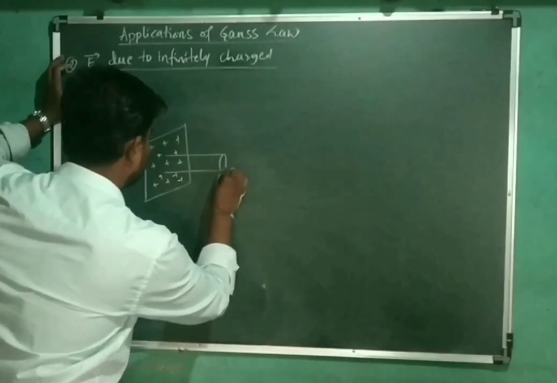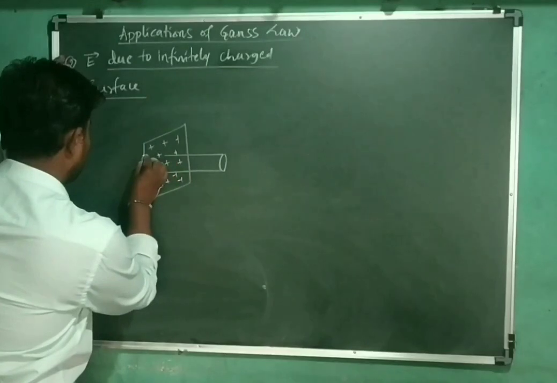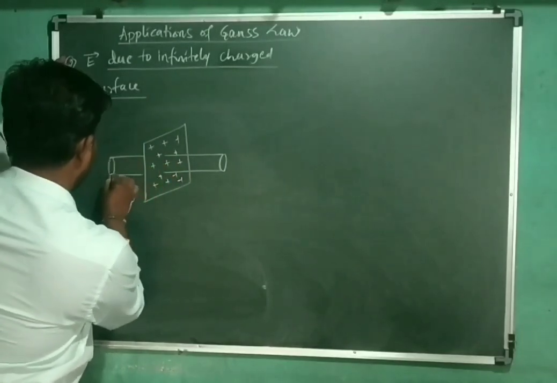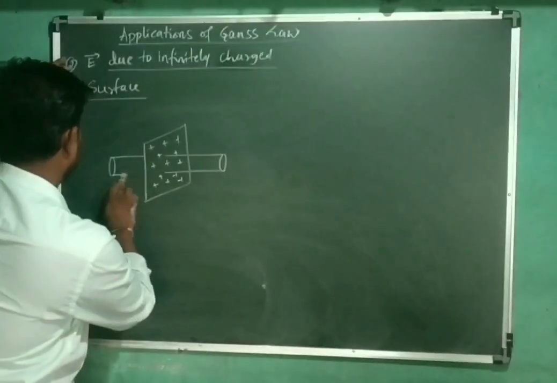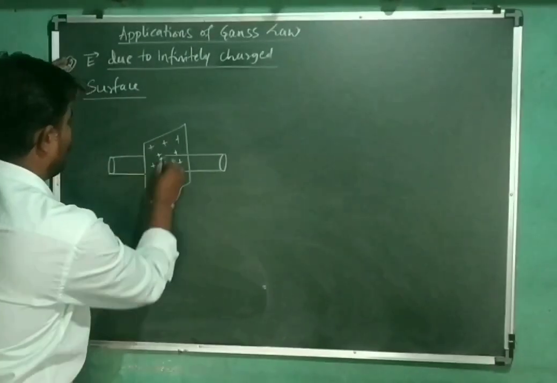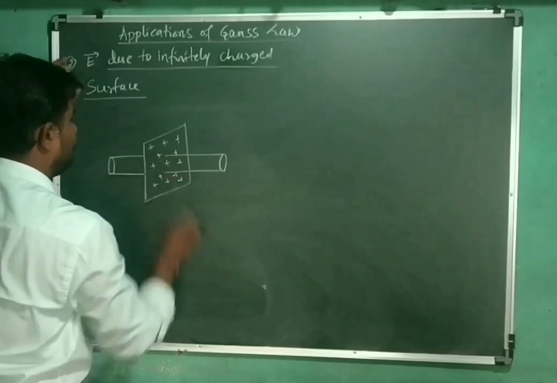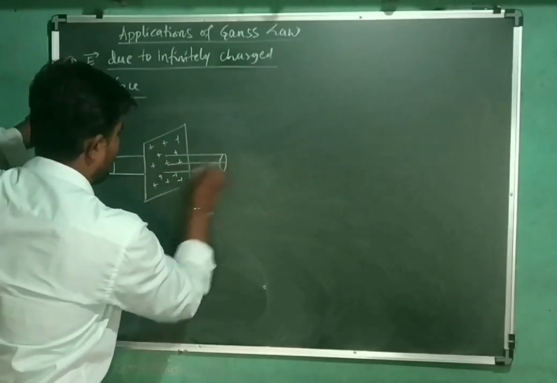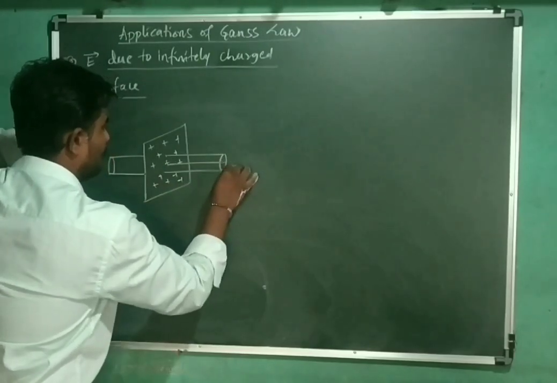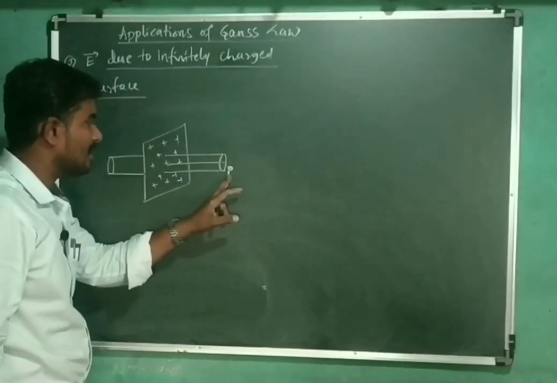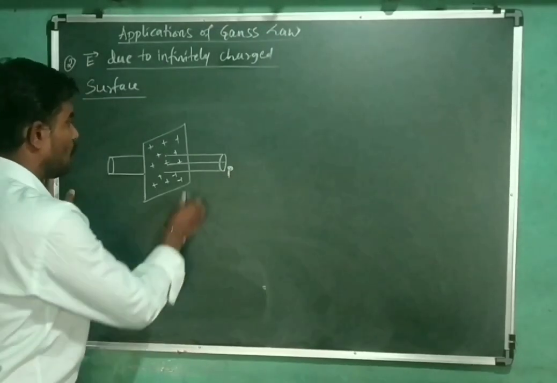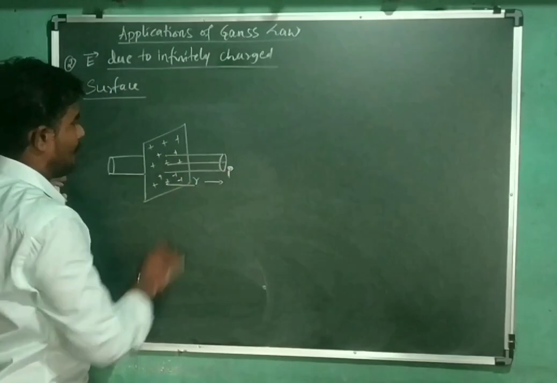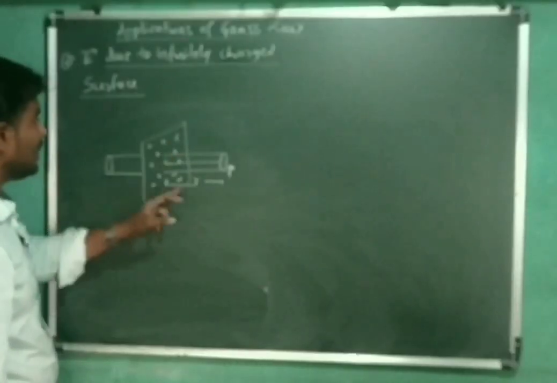This is the cylinder, and this distance is how much? This distance is r. Let us call it point P. We are supposed to find the electric field intensity at point P, located at a distance of r from the plane of the sheet containing charges.